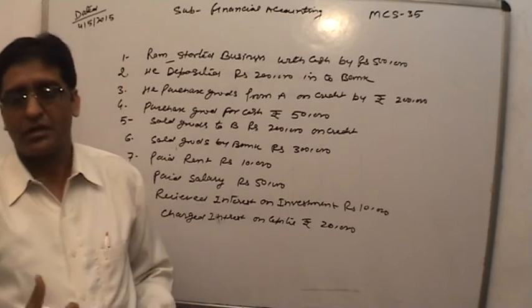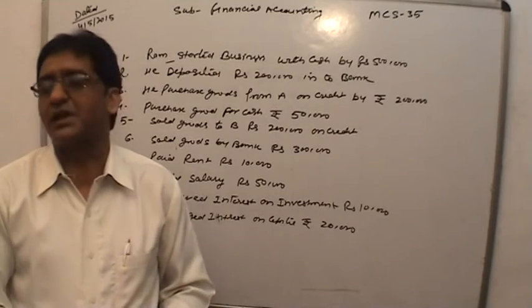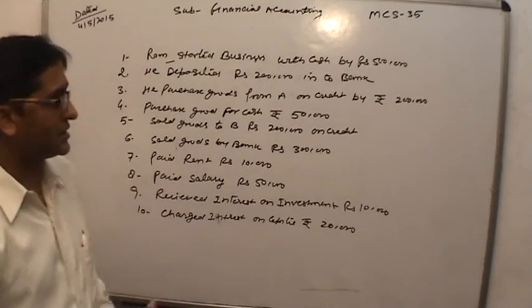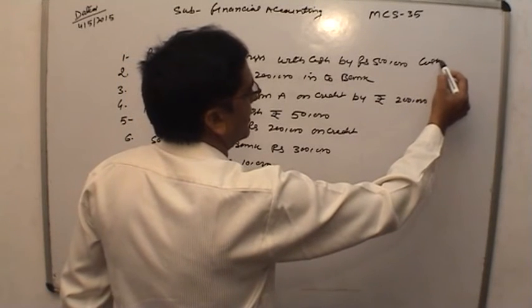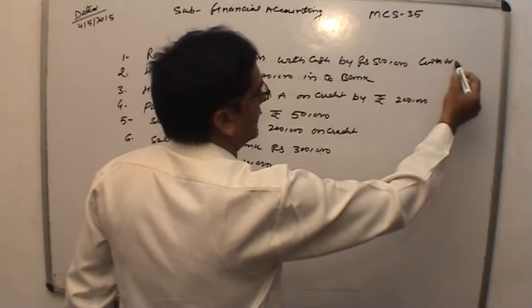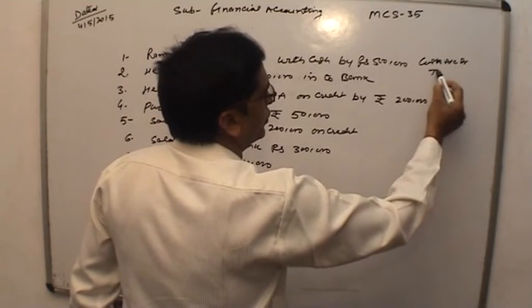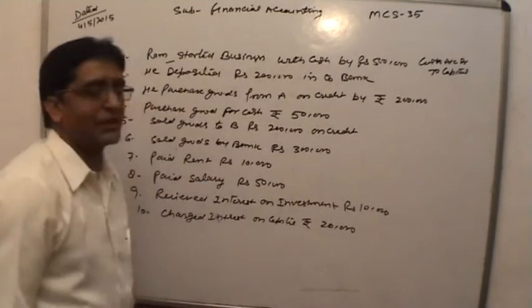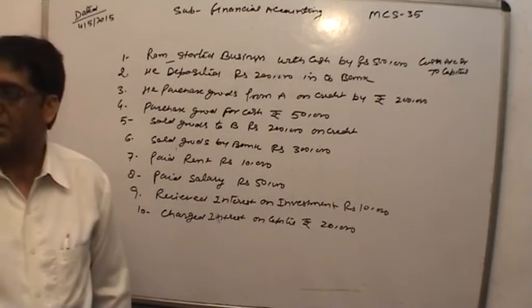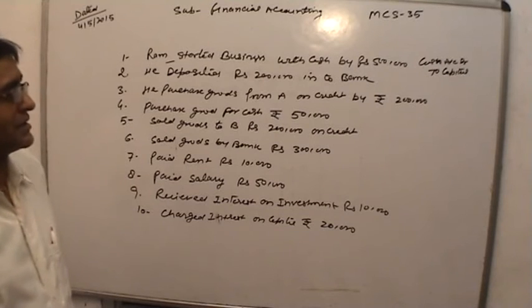Therefore, you have received the cash. So cash account debit. The basic entry is cash account debit to capital, because we use the capital in place of owners, by rupees 5 lakhs.